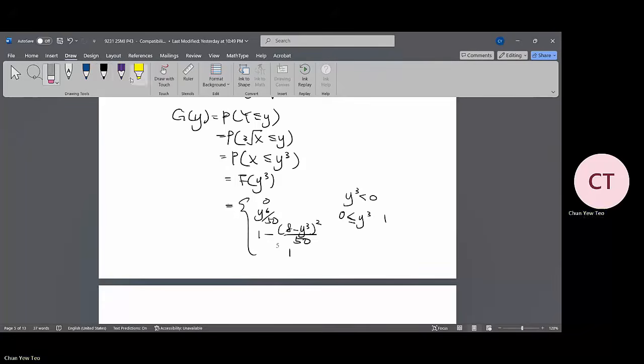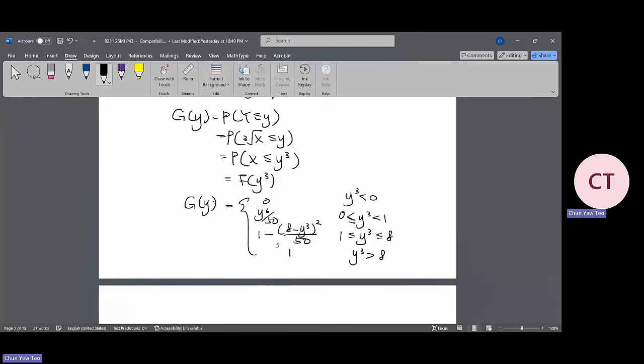And between 0 to 8. 1 to 8. And this y cube will be greater than 8. Okay, that is your Fy.